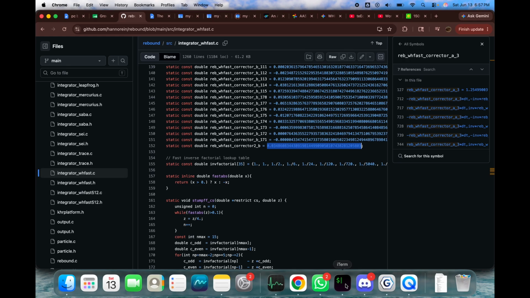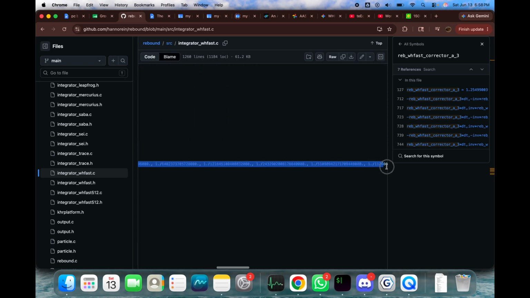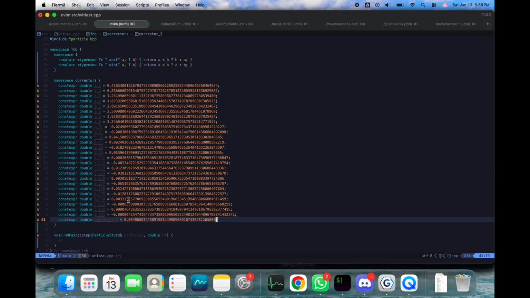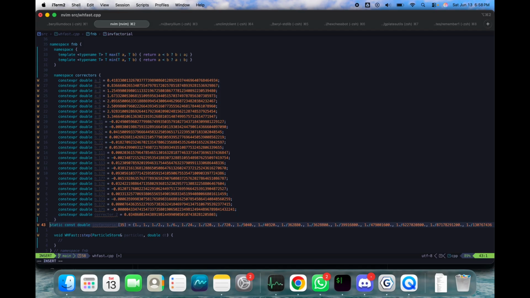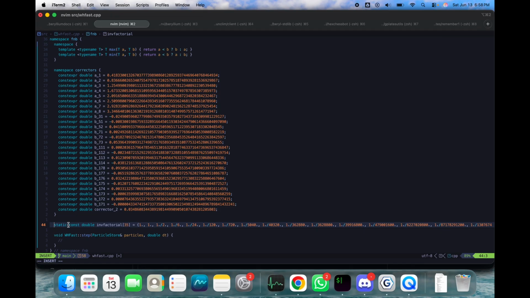So, can I just pull this line of code directly in here? So, static and now const.